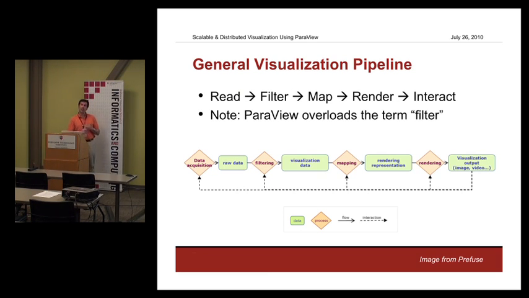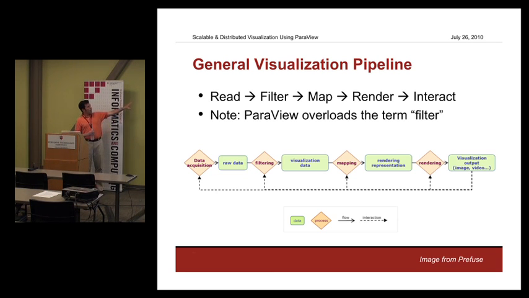We talk about visualization having a pipeline, which is basically something like: you read your data into your visualization package, you filter it, you select some subset of what you want to see, you map that to some type of geometric representation, you render that geometric representation into pixels, and then you might interact with it.